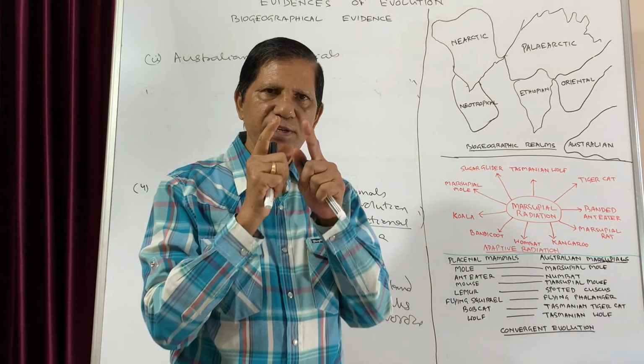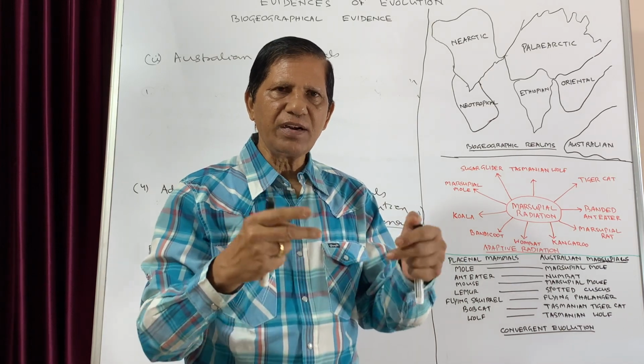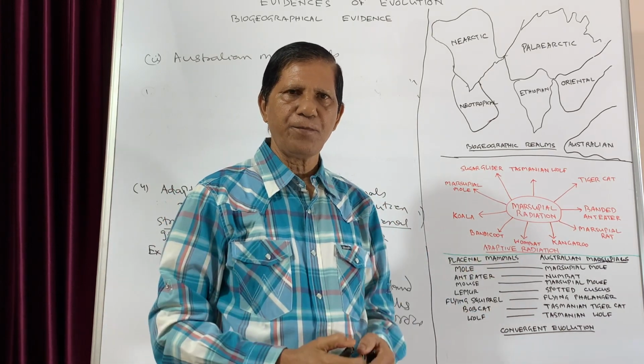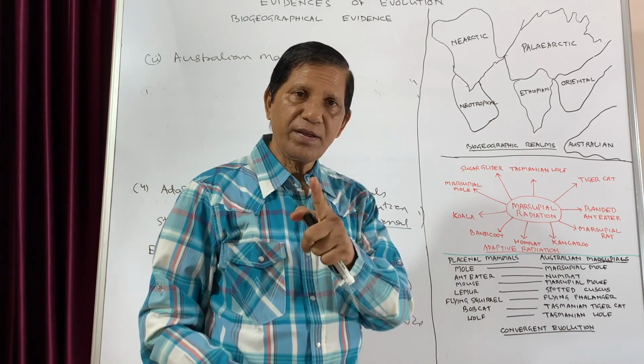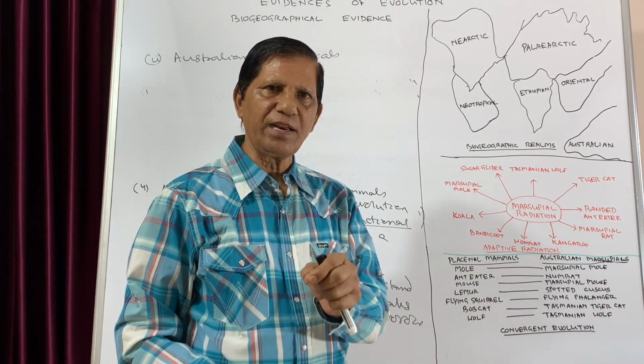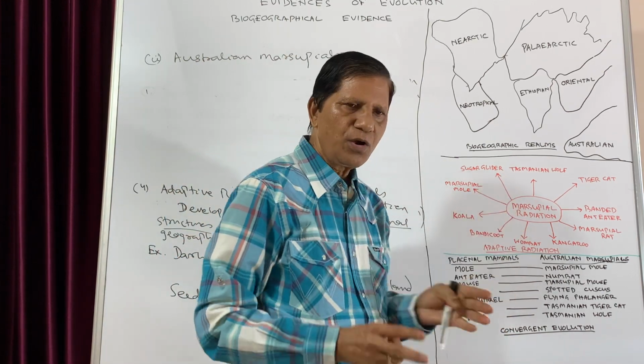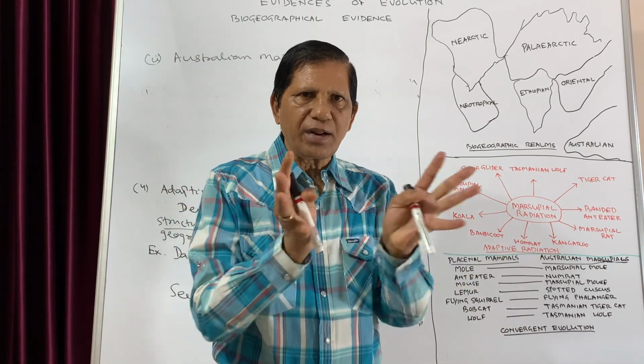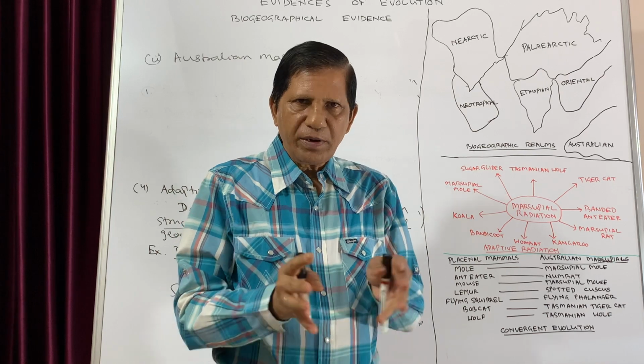That is, from a single ancestor, different types of organisms have developed in the same area, that is Australia. That means in the same geographical area, from a common ancestor, diverse types of organisms develop depending upon their need.